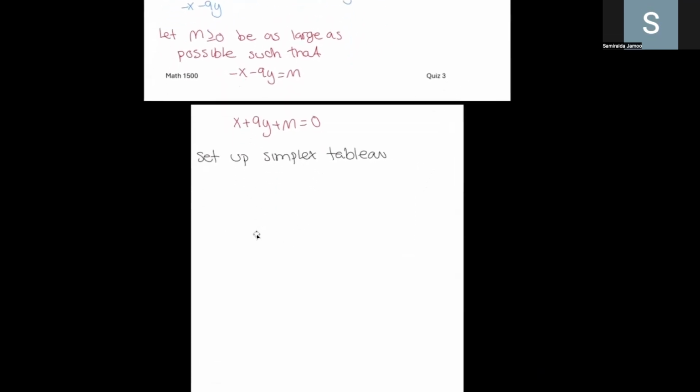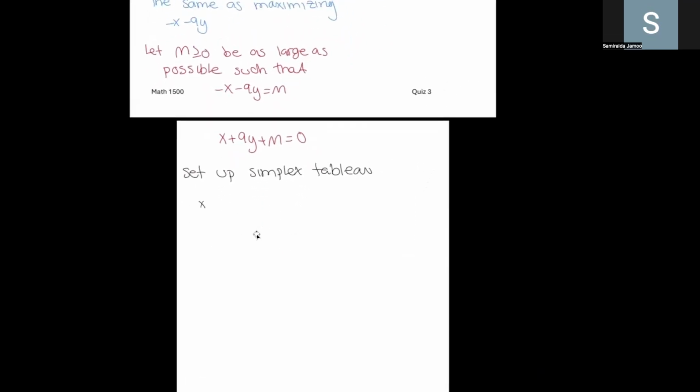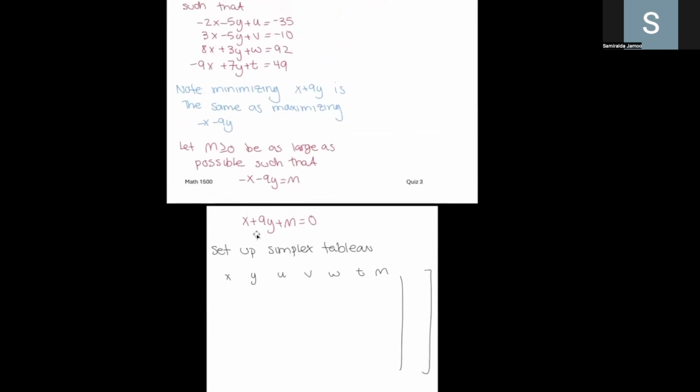Okay, let me write everything down. So we have x, we've got y, u, v, w, t, and m, and then our solutions. So here we have -2, -5, 1, 0, 0, 0, 0, -35.